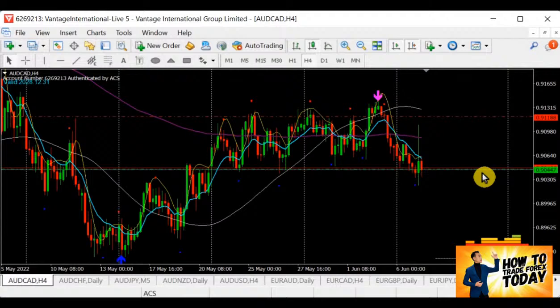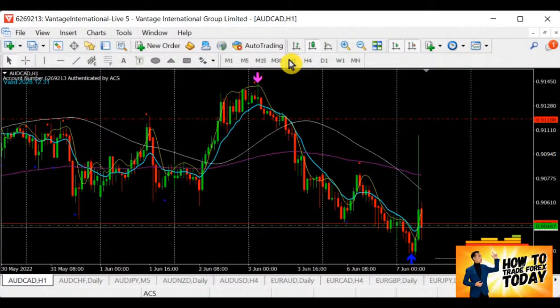For the last 4 hours we had the RBA rates, so there's a big boom movement here. It is still testing the support, and right now it is testing to break it. We are going to look out for selling after it breaks the support with a retest of this support, which will eventually become a resistance.